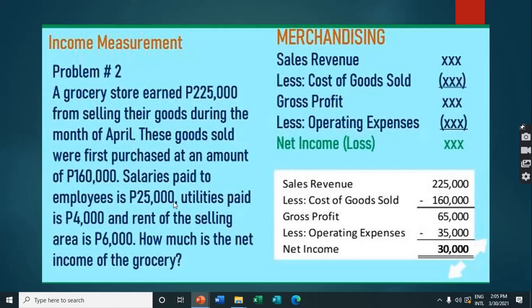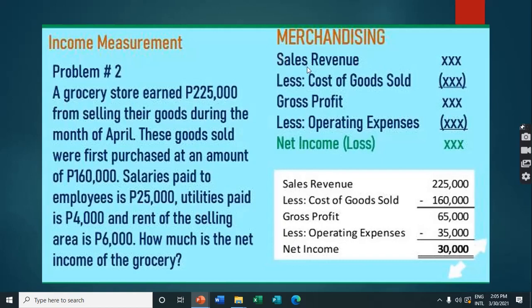Ayan. Net income of the grocery. So, magkano yung net income ng grocery na yan? So, sabi niya, nag-earn daw siya ng 225,000 from selling their goods. So, ilalagay mo dito, ito yung formula for merchandising business.